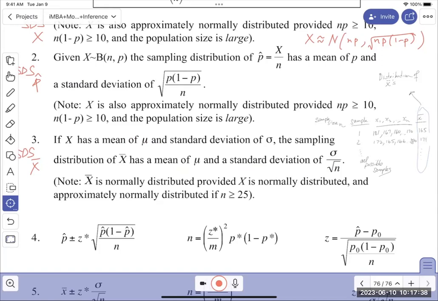So the last thing I want to say about this is, what about the shape? I haven't said anything about shape. If you know that the distribution of the blood pressure for this individual is normal, then the distribution of the sample means will be normal.